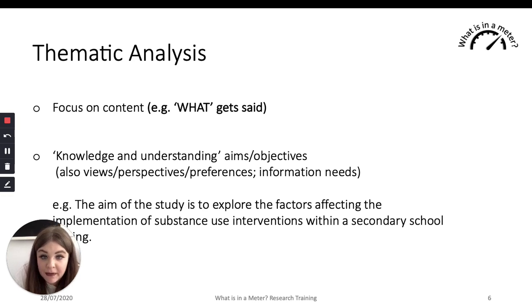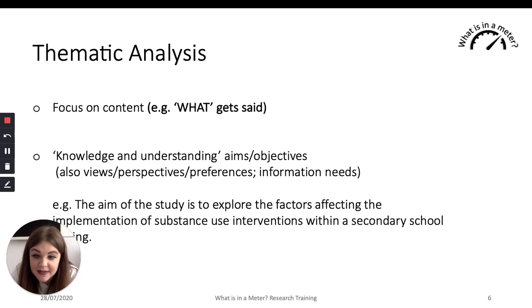So for example, I conducted a thematic analysis on the qualitative data that I collected within my PhD study, and that was from interviews with secondary school staff and practitioners. What I was looking to explore was the factors affecting the implementation of substance use interventions within a secondary school setting.